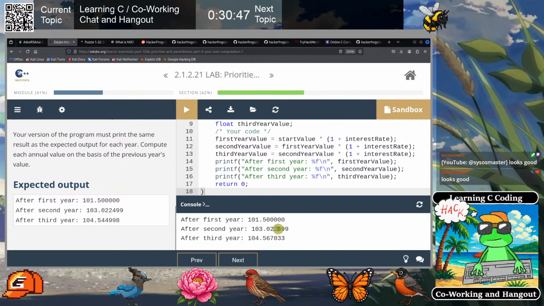So first year is correct, second year is correct, third year is correct. Wait, third year is different. Why is the third year different? Third year 544,998, but we've got 567,833. So something happened.